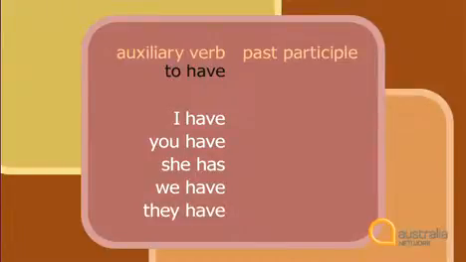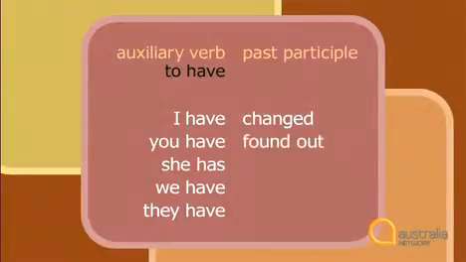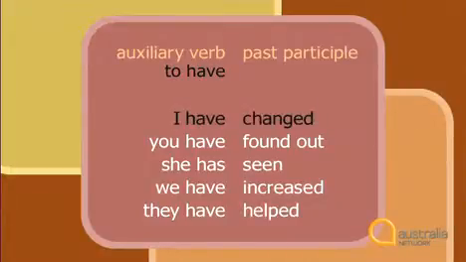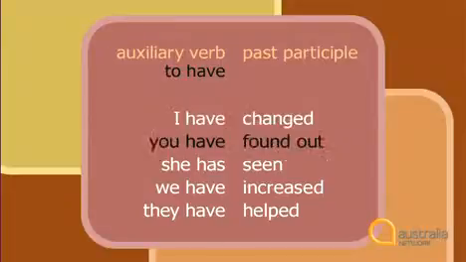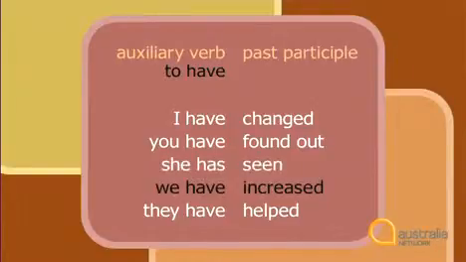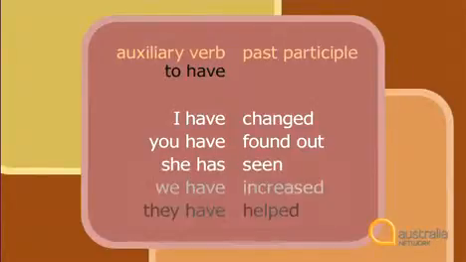And then a past participle. For example, changed, found out, seen, increased, or helped. So, I have changed. You have found out. She has seen. We have increased. They have helped.